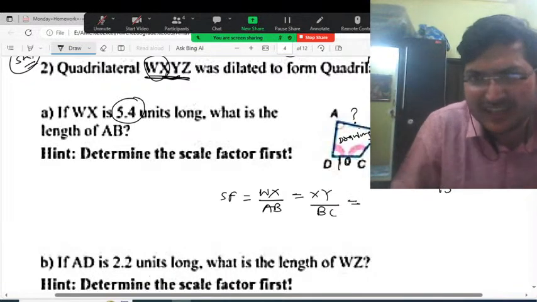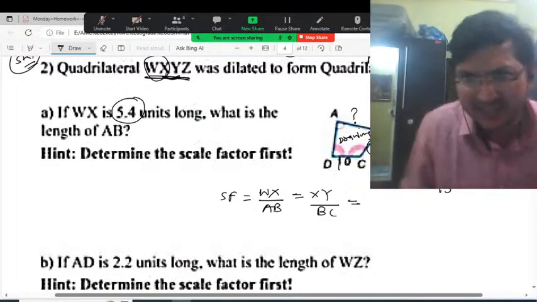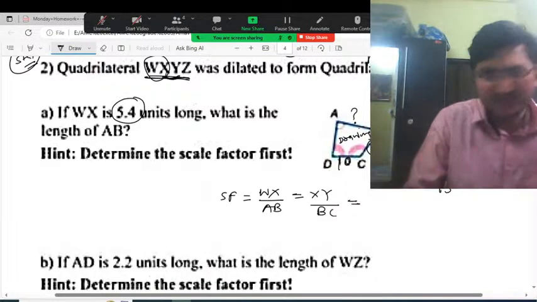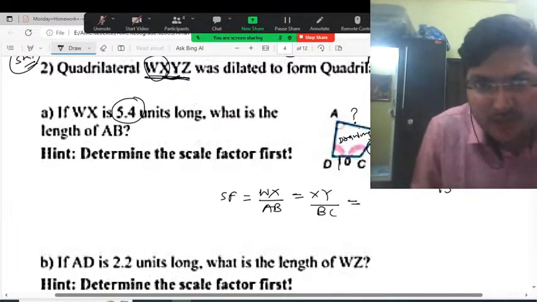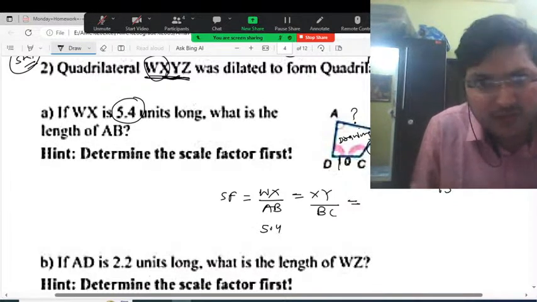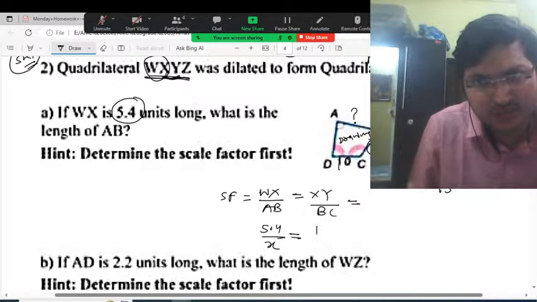No issue. We need not use BC, because we already know that they are dilated. Even if this dimension is not clear, we can find the answer, because we will directly use WX, that is 5.4. We want AB, let's say it is X. We will write XY, which is given to be 15.